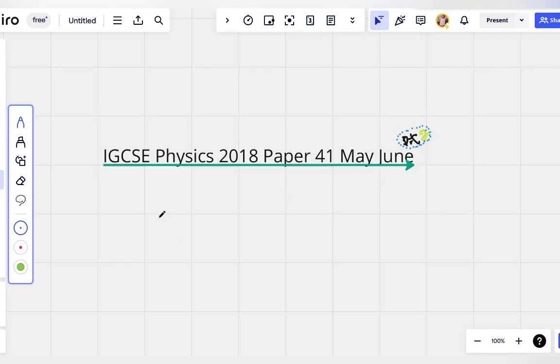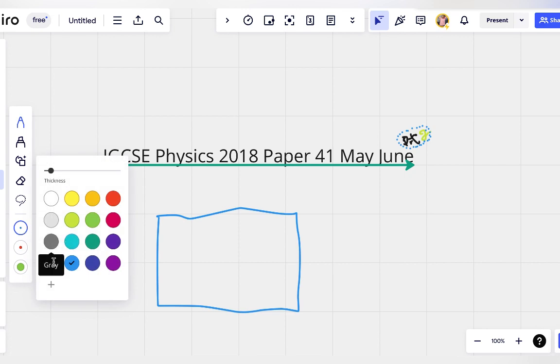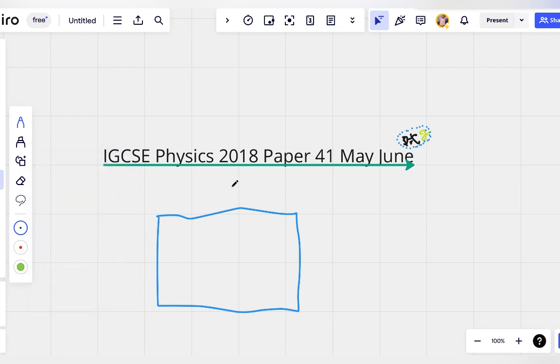If this is a glass block, and let's say this is the normal, broken lines.